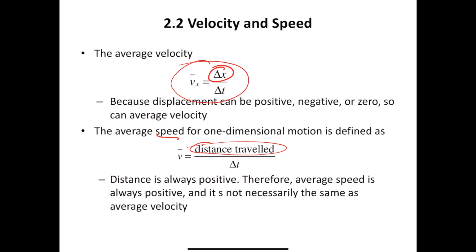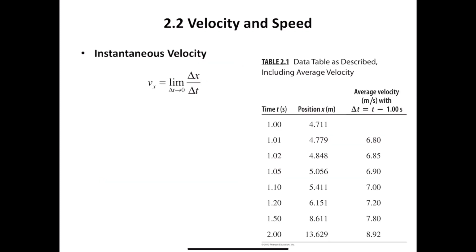We already know how to distinguish between displacement and distance. What happens is, we make the time interval smaller and smaller, such that we know more and more, and we see the average velocity is changing. So you get more about the motion.